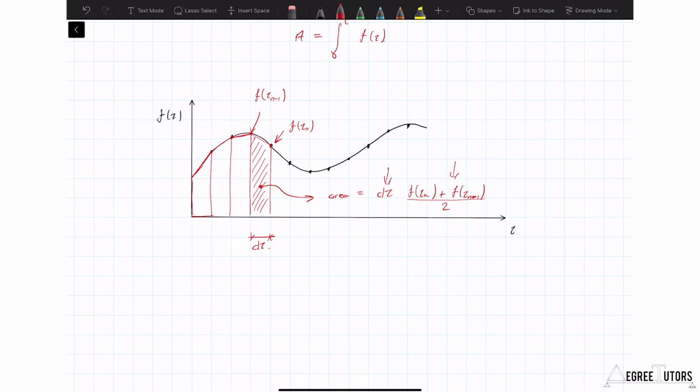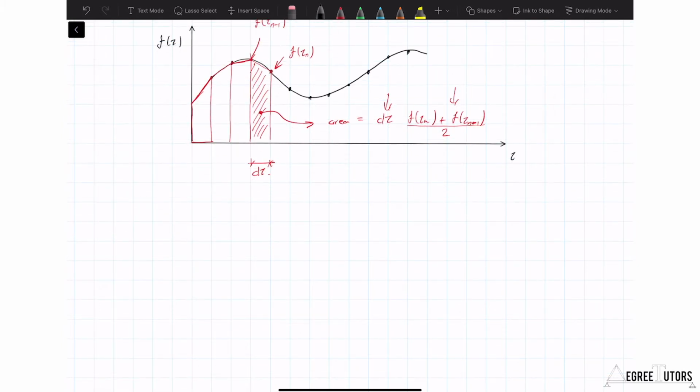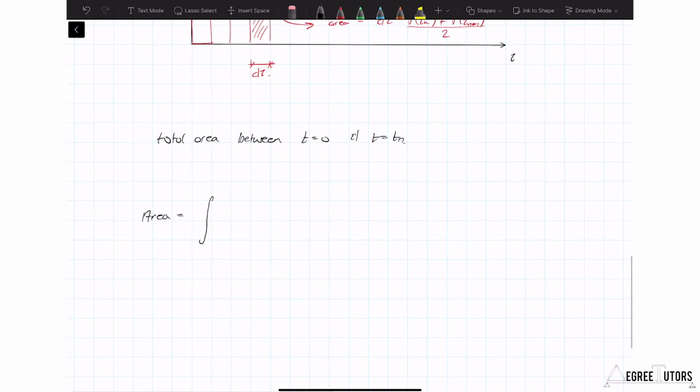And then the total area under the function, which remember is all the integration is, is just the summation of the areas of each of those different trapezoids. So the total area between t equal to 0 and t equal to tn, the exact area, is the integration of the function f of tau d tau, but we're approximating that by a summation using the trapezoidal rule, which is delta tau over 2 times the value of the function at tau 0, plus 2 times the value of the function at tau 1.